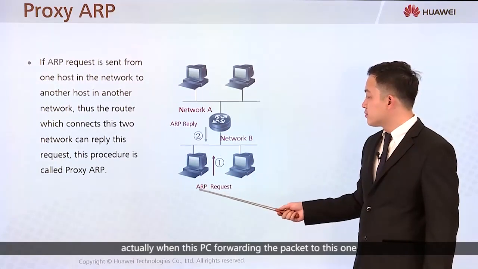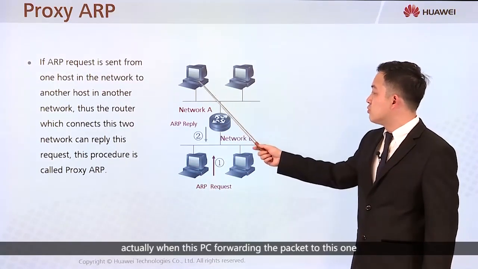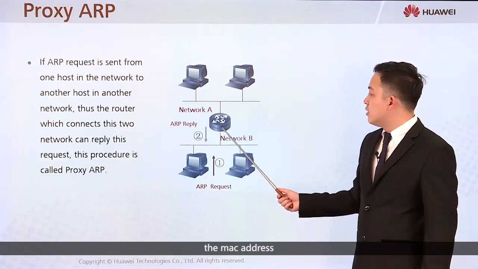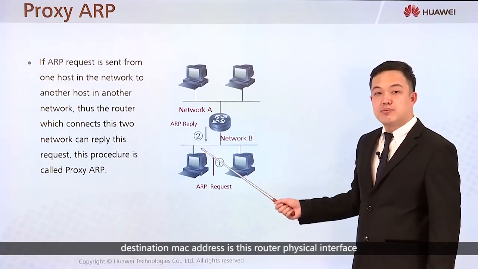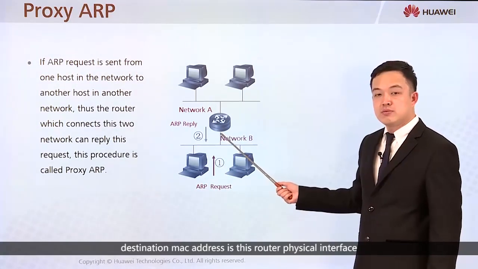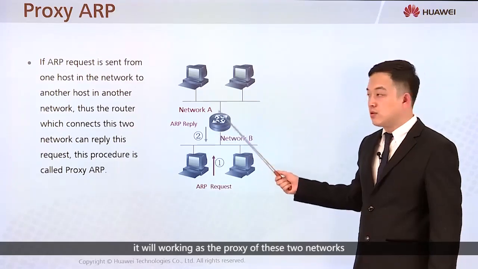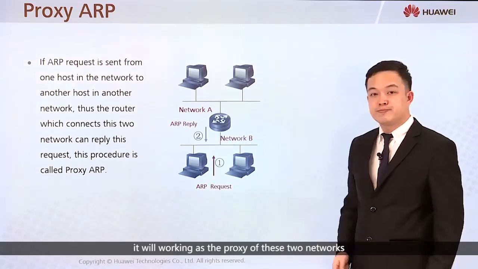Actually, when this PC forwards a packet to this one, the destination MAC address is the router's physical interface. It works as the proxy of these two networks.